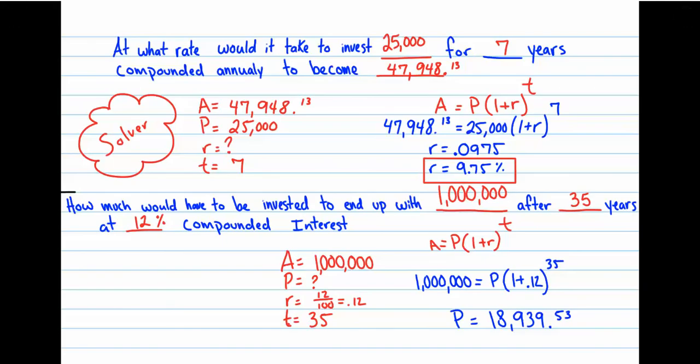Okay, so this is how you use simple and compound interest. So notice that the longer you take, the more interest that you make. So 35 years is a really long time, but for 18,000 to become $1 million, that's because of that long time. Okay, so hopefully you guys have a good understanding of how to use simple and compound and some of the other ways they may show you these problems.